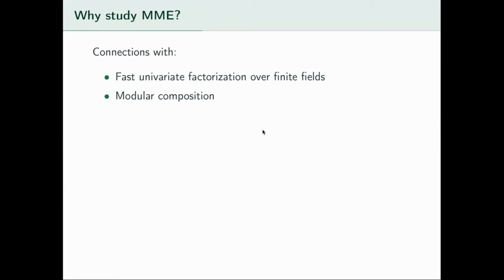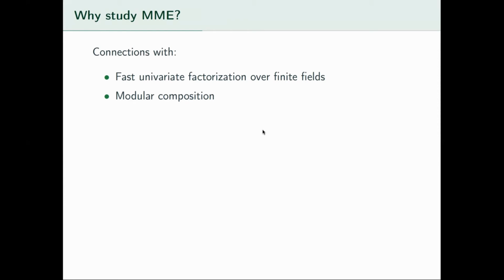And so this is it. Let me tell you why people study MME. This multivariate multipoint evaluation has nice connections with univariate factorization and modular composition. Actually, multivariate multipoint evaluation is very close to the modular composition problem. Imagine an n-variate polynomial f is given to us, and I have g1 to gn, many univariate polynomials, and there is another polynomial h(x).